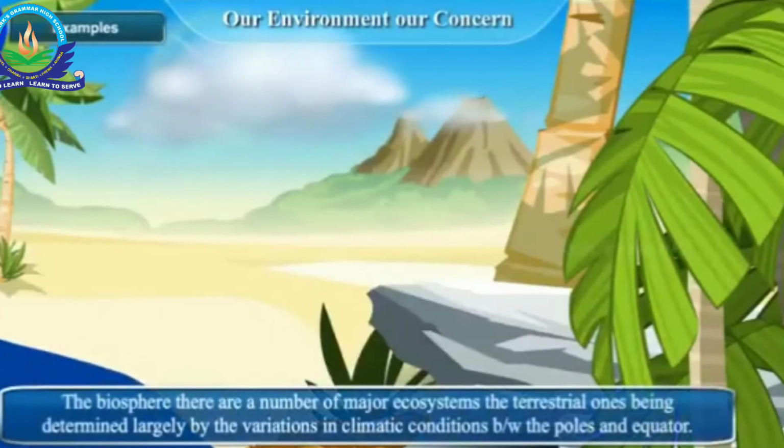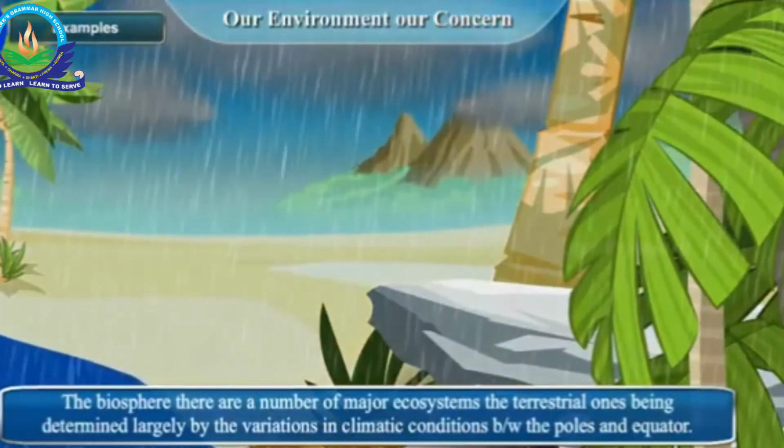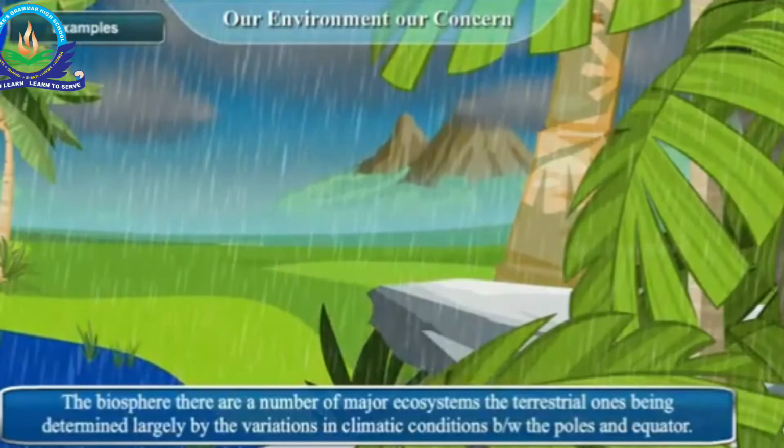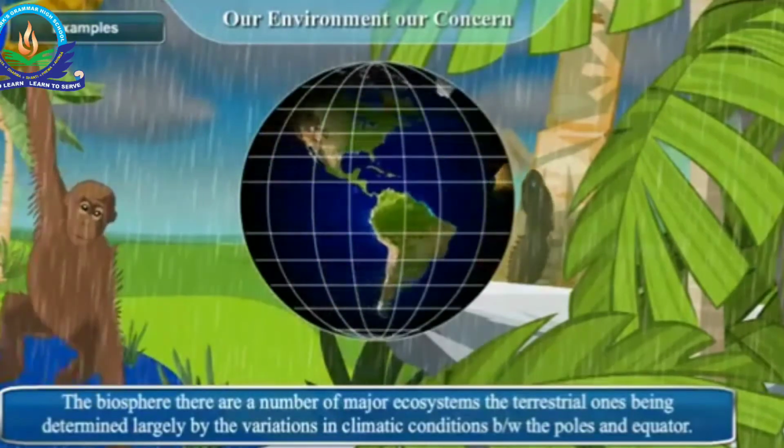In the biosphere, there are a number of major ecosystems, the terrestrial ones being determined largely by the variations in climatic conditions between the poles and equator.